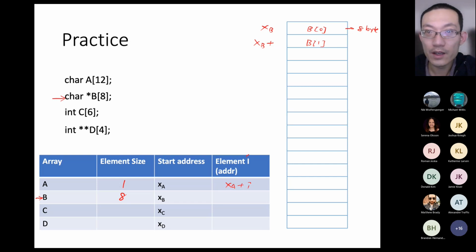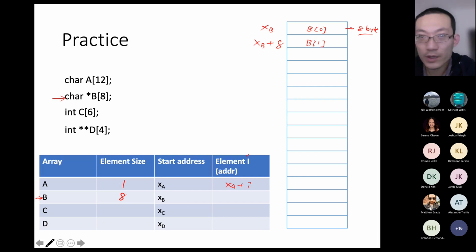Okay, it's plus 8, because here is 8 bytes. XB is the very start of this array, and it has the following 8 bytes to hold B0. If we want to look at B1, we need to add 8 in order to go to B1. Are there any questions about it?